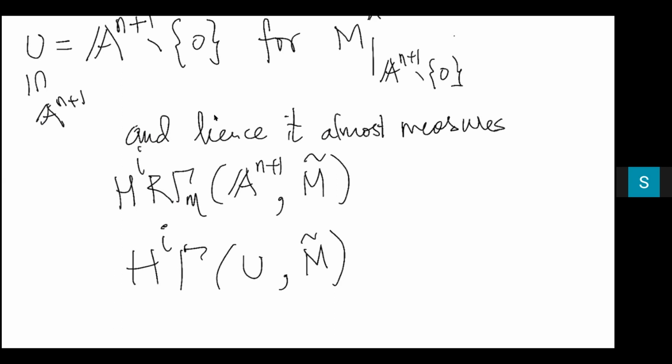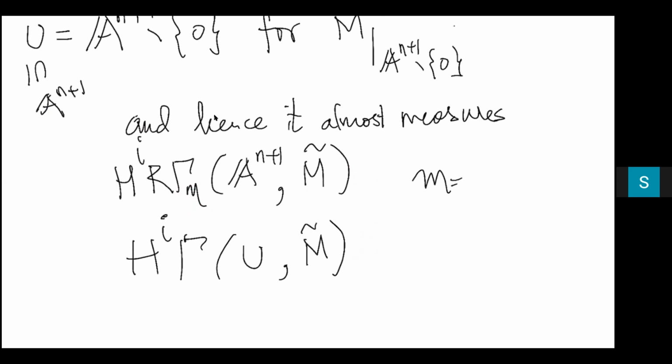So what is the relation between these two? We have already said what the relation is. Here m is the maximal ideal corresponding to x_1 to x_{n+1}, and this is just notation.